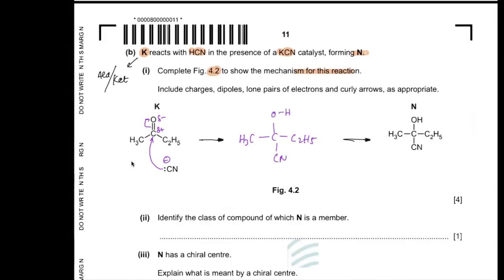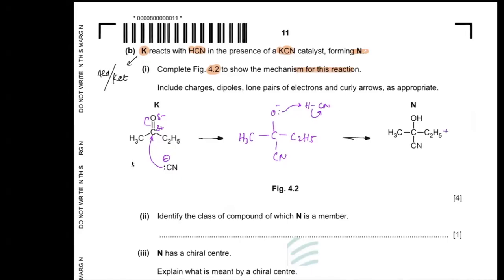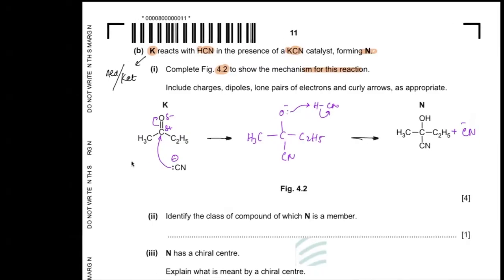So we are going to get this. And from this lone pair, it attacks another HCN molecule, from which the cyanide ion is restored as a catalyst. So we'll get a cyanide ion as well. Is this clear to all of you?